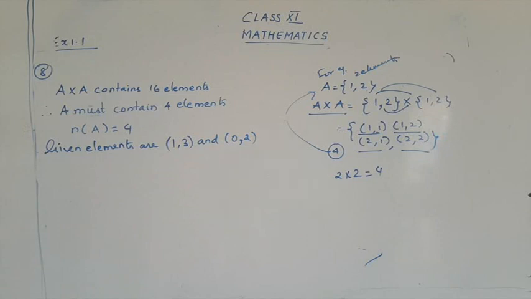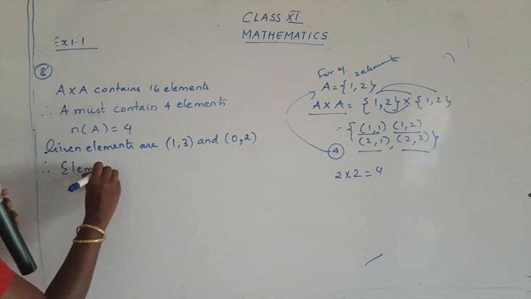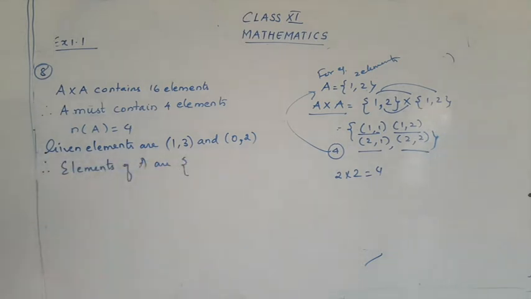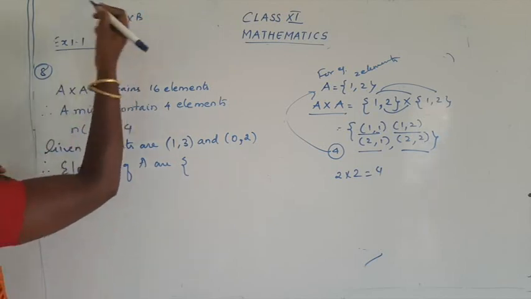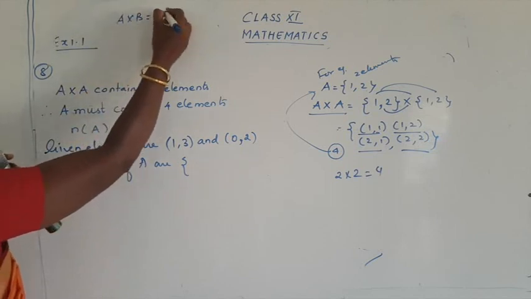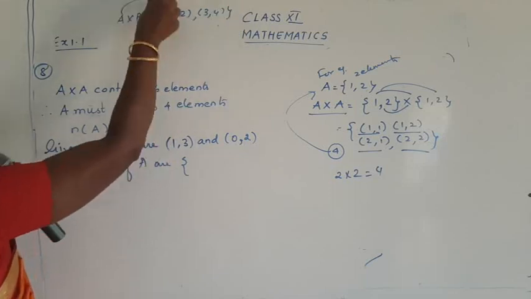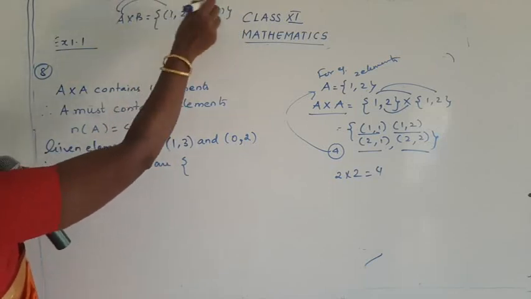Now, what is the question? We are going to find the elements of A. So elements of A are, we'll write the answer directly. Already we have studied this in our 10th standard. If we take the Cartesian product A cross B and you get (1, 2), (3, 4), then the first part goes to the first: A contains 1 and 3 and B contains 2 and 4.